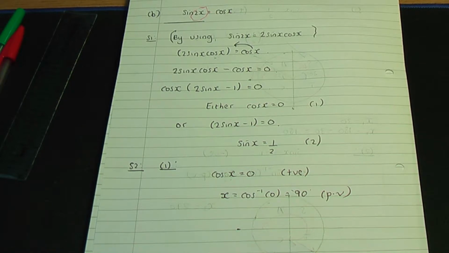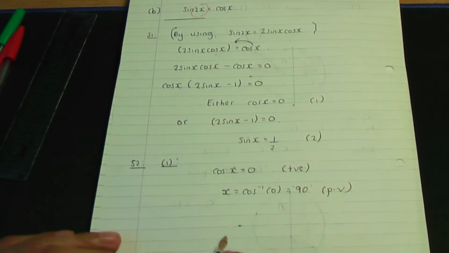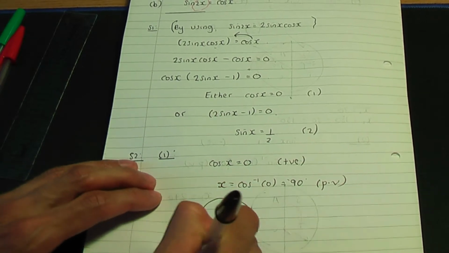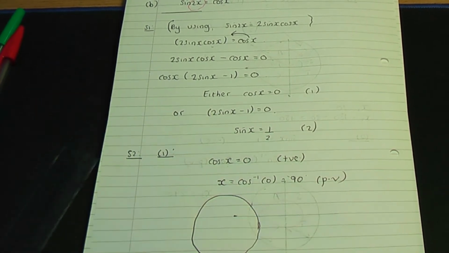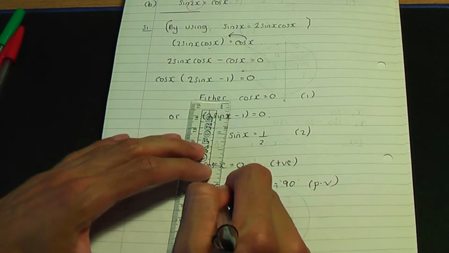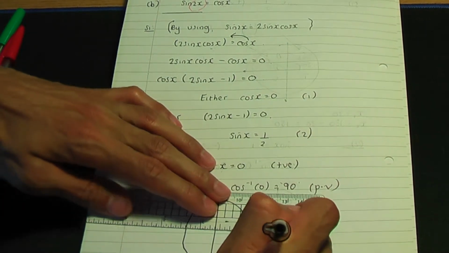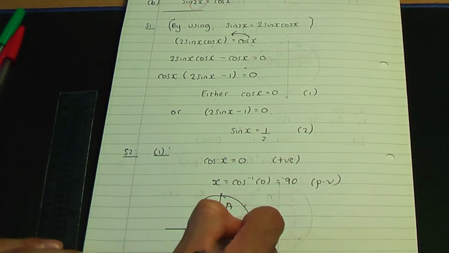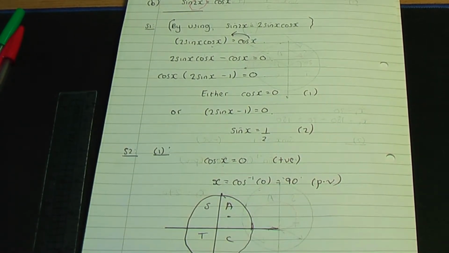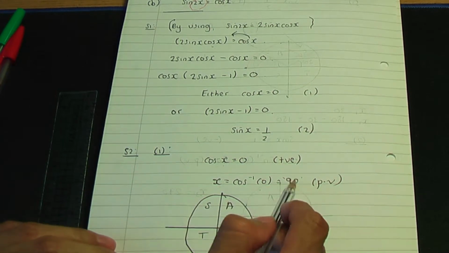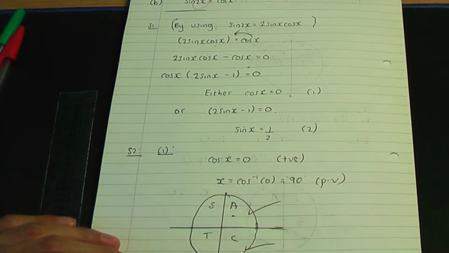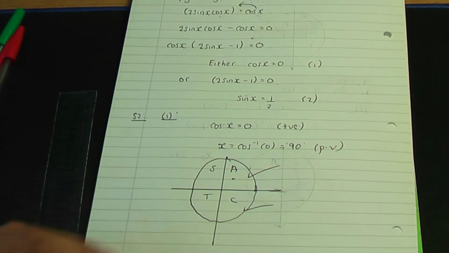Now, in this case, we need to plot 90 degrees where cos is positive, so it's CAST diagram time. Let me draw a CAST diagram. Let's include some quadrants and label them A, S, T and C. We need to plot 90 where cos is positive, so cos is positive in the first and fourth quadrants.